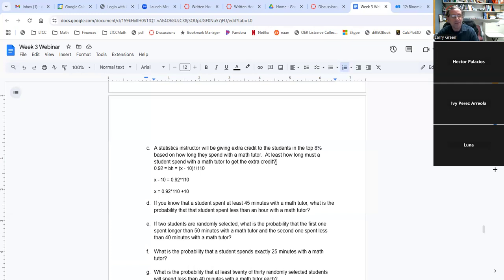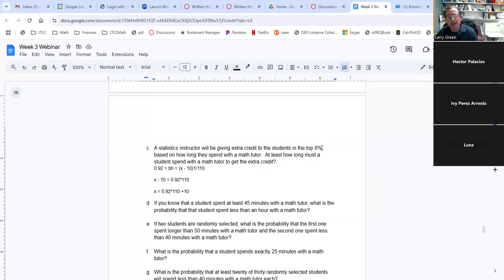Okay. So now what you're going to do, there's a couple ways of doing it. One is if you're in the top 8%, then 92% are less than you. Does that make sense? Because 100% minus 8% is 92%.